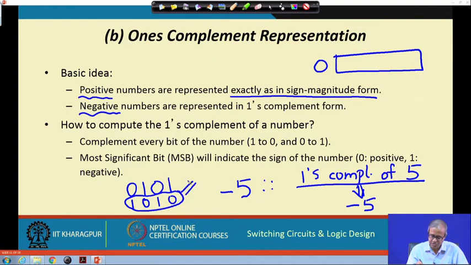This 1 0 1 0 will indicate minus 5, right. Now, you see here again the most significant bit will indicate sign, because plus 5 had the most significant bit as 0, but as we flip it, it has become 1. So, for negative numbers the MSB will automatically be 1. So, just by looking at the most significant bit, you can tell whether the number was positive or negative. Okay.